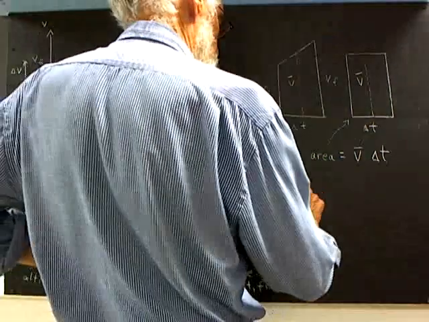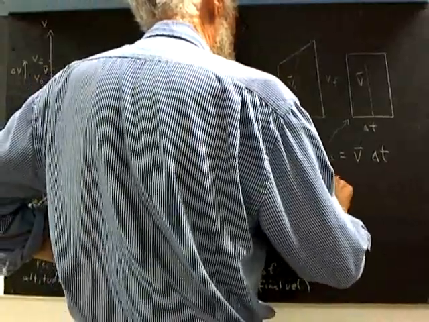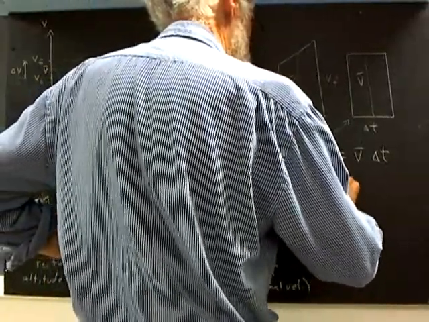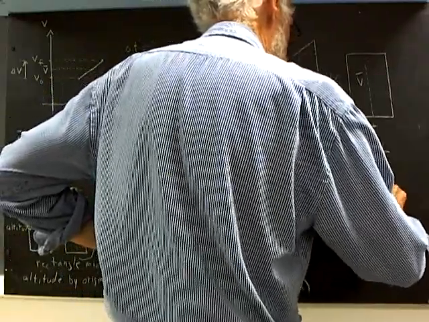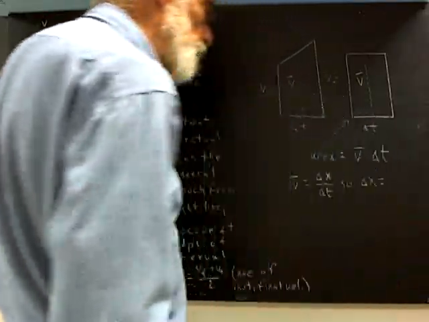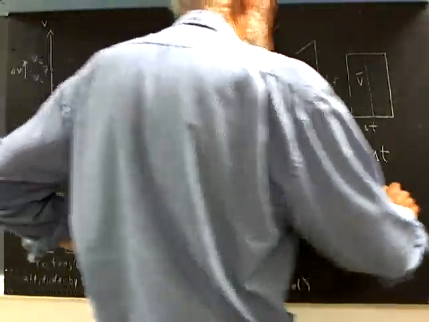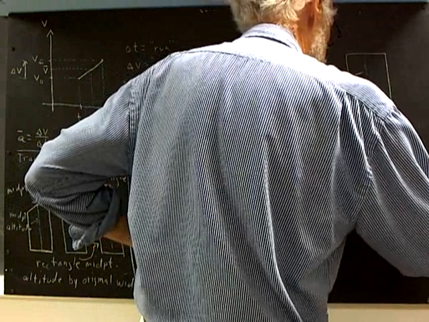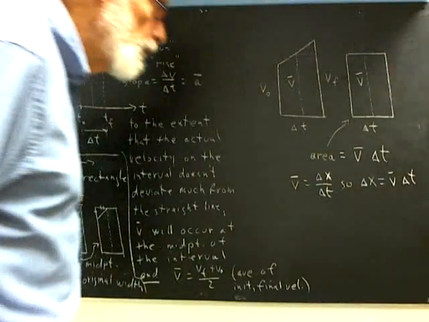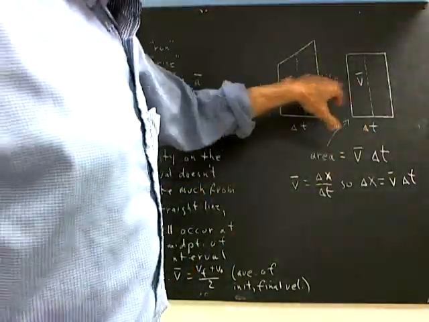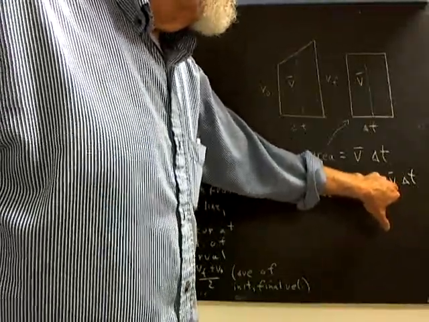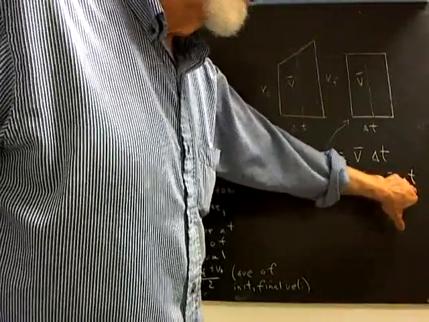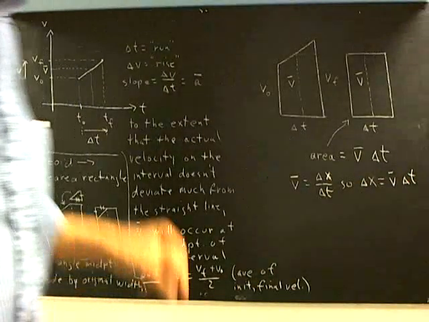Well, recall that V bar equals delta x over delta t, change in position divided by change in clock time. So it doesn't take any great algebraic insight to see that your change in position is going to be V bar times delta t, so that the area of this rectangle represents the change in position that you would have at velocity V bar in time delta t.